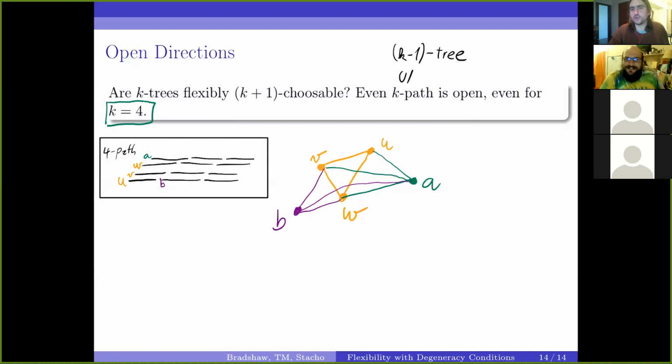I don't want this to appear in the choosability, but I can allow the flexibility to depend on this. So, for example, a result would be, I don't know, 1 over the weak coloring number flexibly degeneracy plus 1 choosable. Would this make sense and would it help?